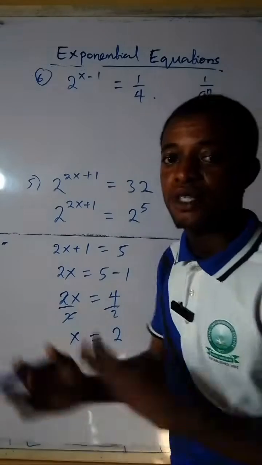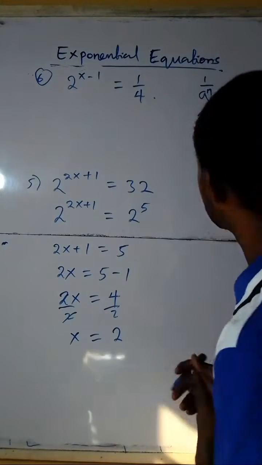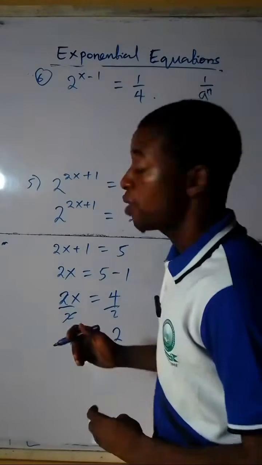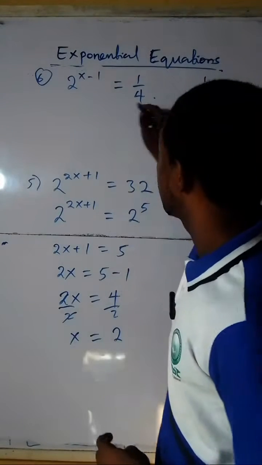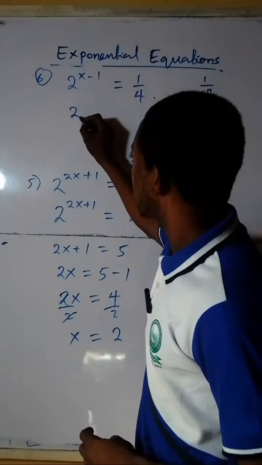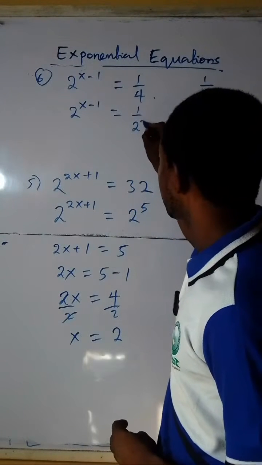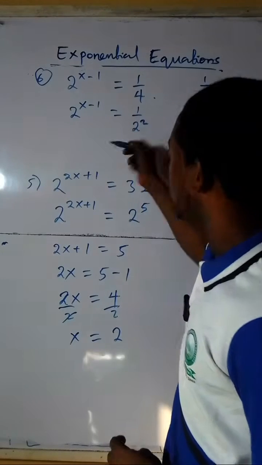So whenever we have a reciprocal, it is also denoted as a negative index, which implies that here what we have can be expressed as 2 raised to power x minus 1 equals to 1 over 2 squared when we change 4 to base 2.